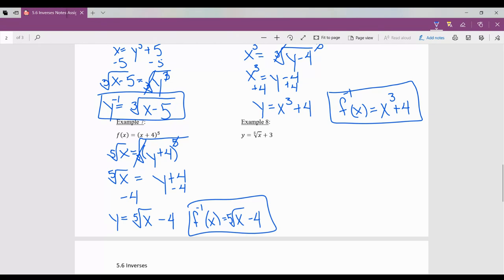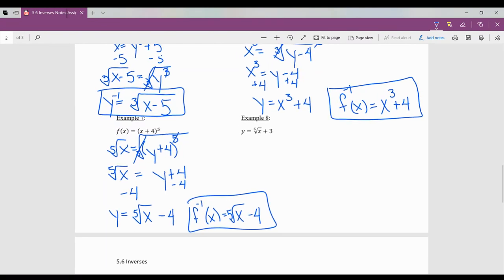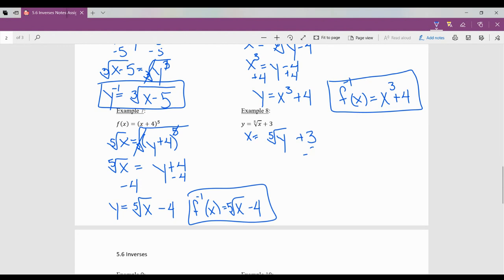All right, last one. We switch x and y. Okay, so the plus 3 is happening outside of the root, so I'm going to get rid of that plus 3 first, so I'm going to minus 3. So I get x minus 3 equals the 5th root of y.